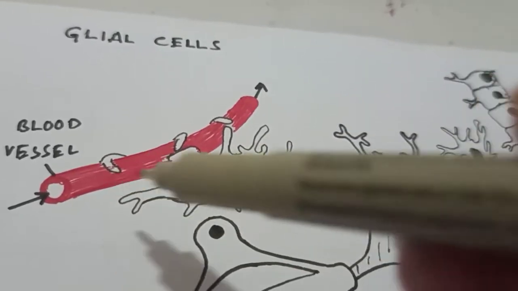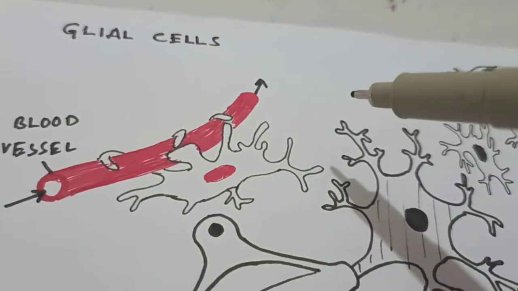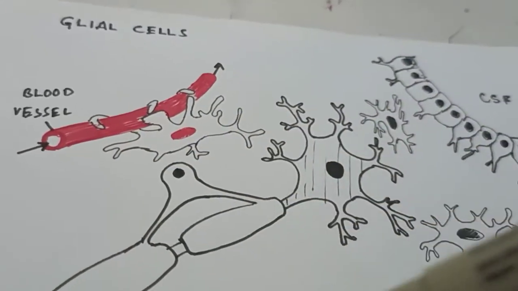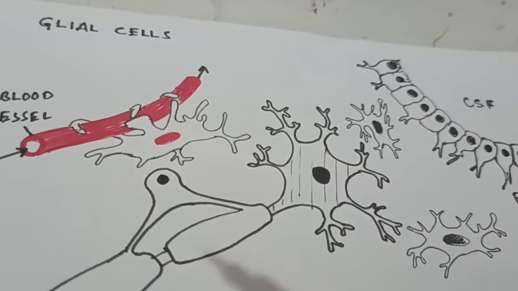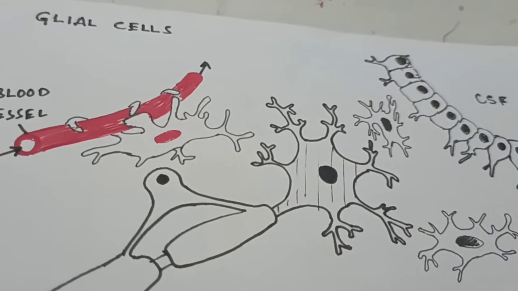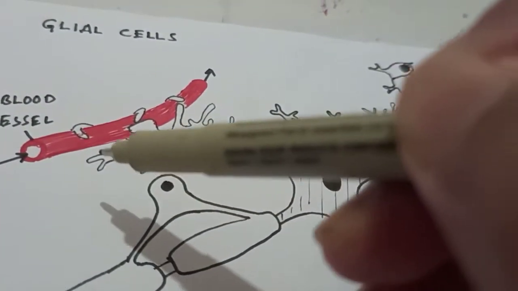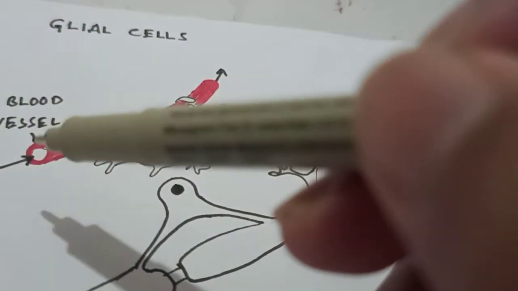All those liquid agents and chemical substances, if they accumulate inside the neural tissue area, are definitely going to be harmful for the neuron. So for that reason, these liquids are not allowed to seep out that easily from the blood vessel.